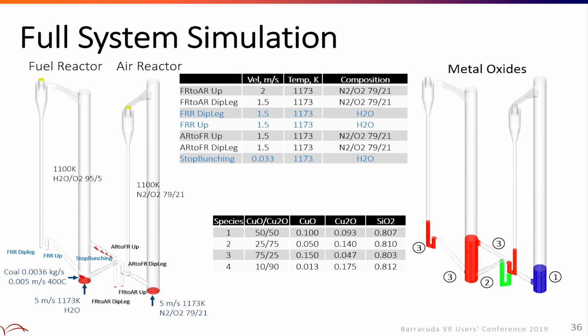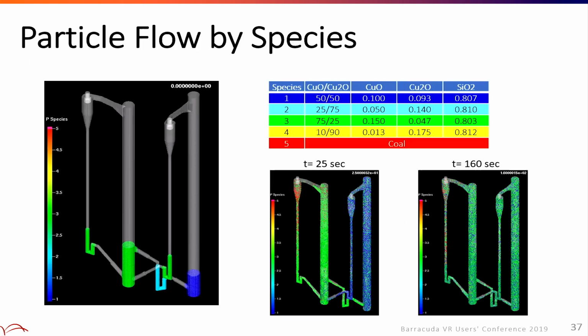And we used three different species with different compositions, same metal oxide, but high cupric oxide in this one in the red color, and a relatively lower cupric oxide composition there. With that, this shows a particle flow by species, colored by species number 1, 2, 3 for metal oxide, just to show that after a while it is fully mixed.